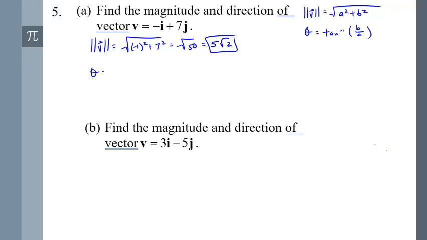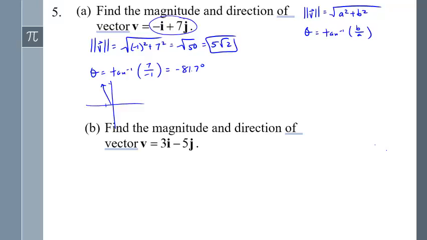And the angle is the inverse tangent of 7 over -1, which the calculator says is -81.7 degrees, but that can't be right because -81.7 is in quadrant 4, and this vector, based on the two components, left 1 up 7, is somewhere in quadrant 2.